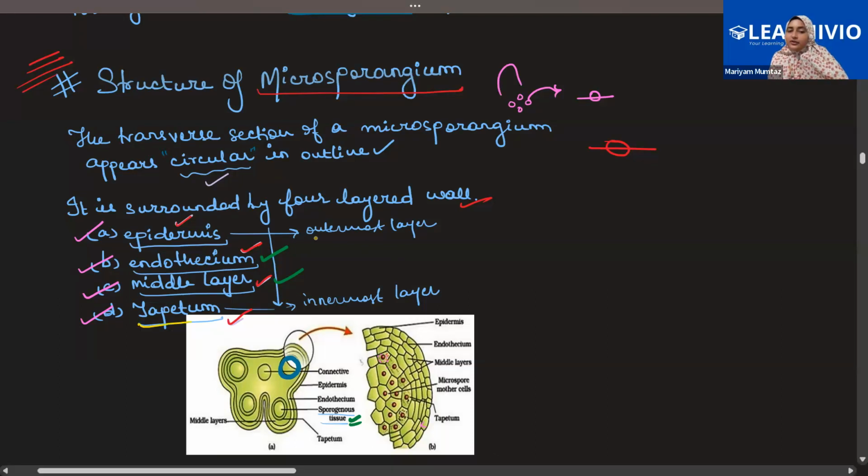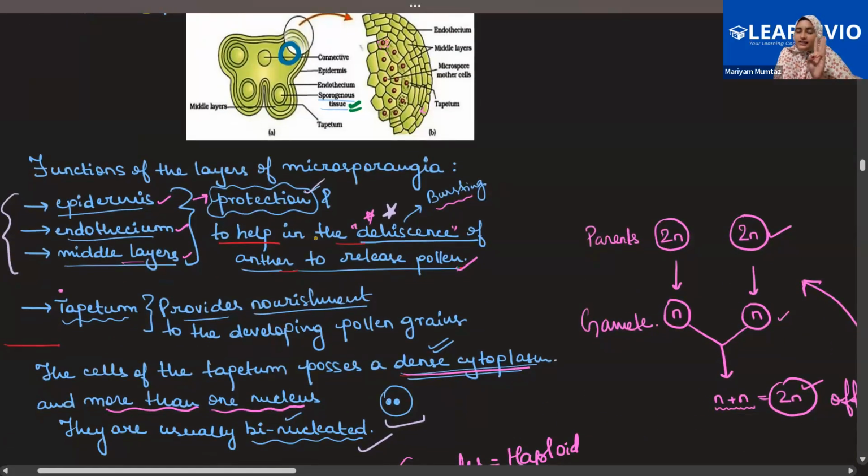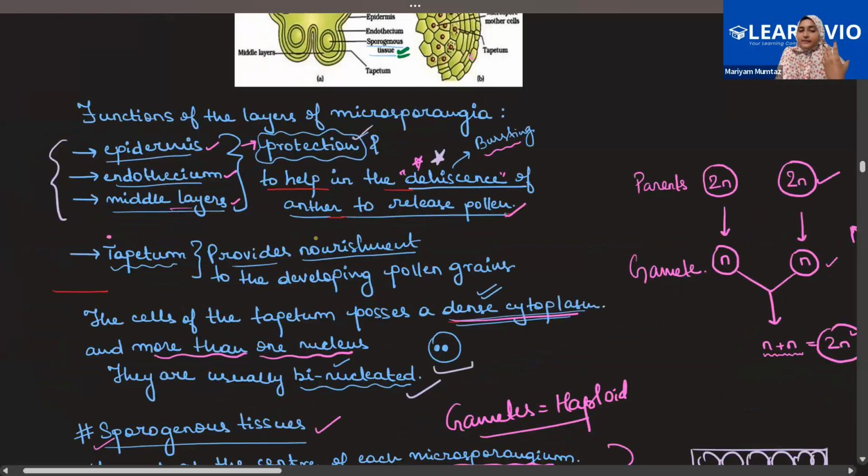And the tapetum is the only layer responsible for nourishment. Apart from that, the first 3 layers also help in the dehiscence of anther, meaning the bursting of anther, so that the pollen grains can be released.